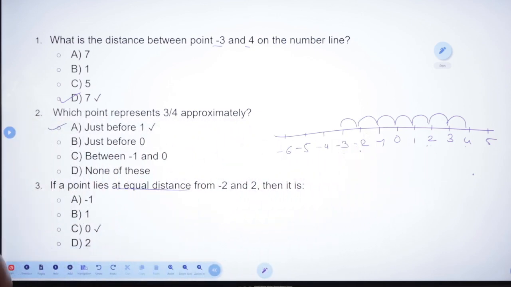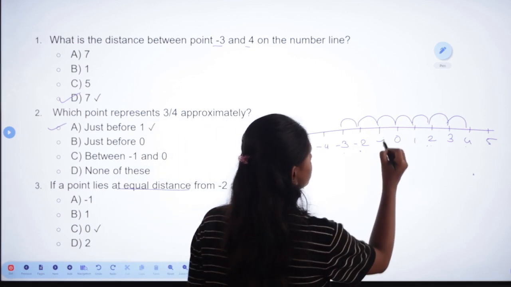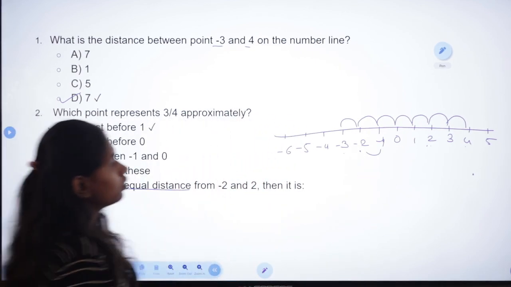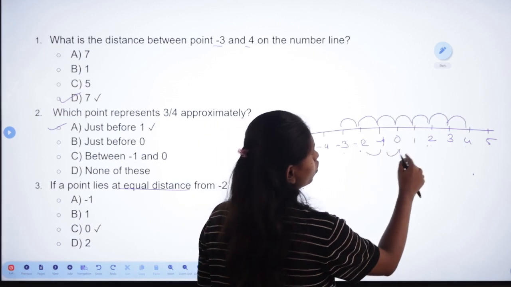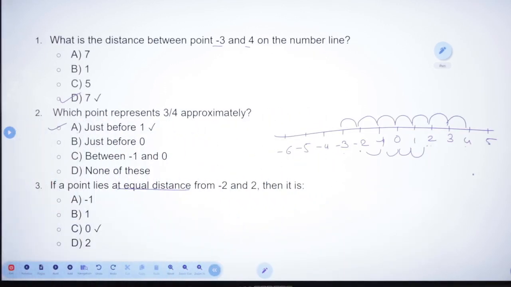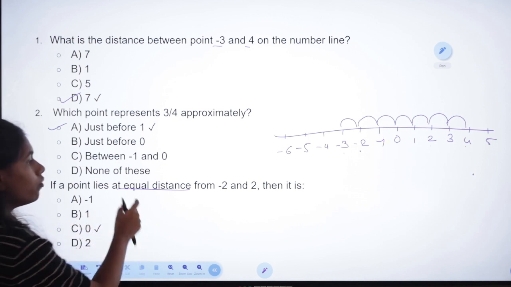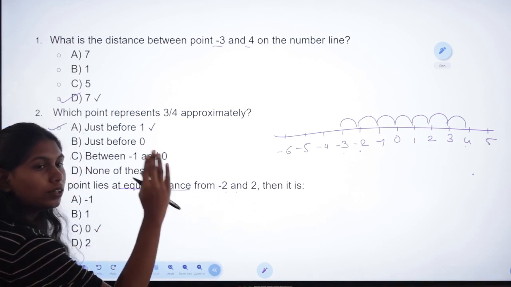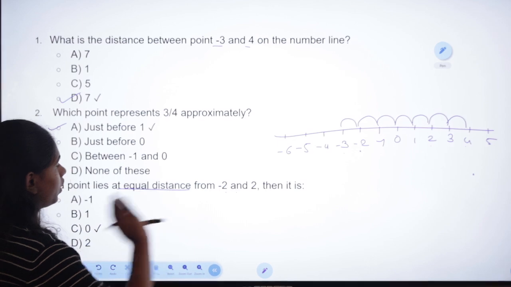Now if you check the number minus 1, it has one unit on this side and 1, 2, 3 units on that side. So this point is not equal. Now how will you find the equal distance? We have to find out the midpoint. When you find the midpoint, the distance from the left and from the right will be the same.